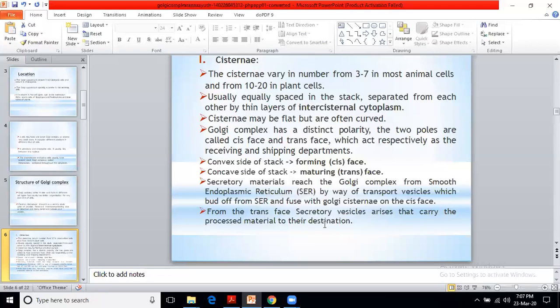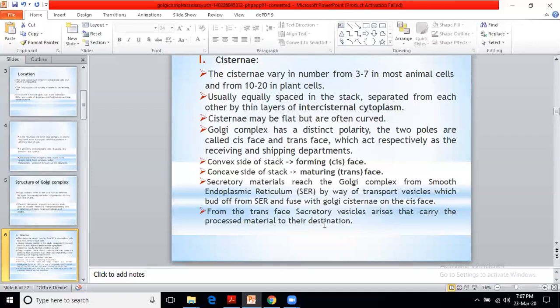After processing and packaging, the protein molecules and other molecules get released from the trans phase. So these are the differences. Their positions also vary. Cis phase is located near the nucleus, and trans phase is located near the plasma membrane.